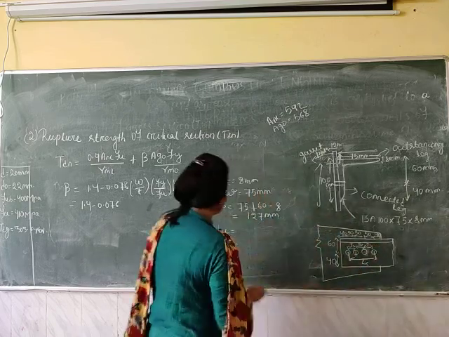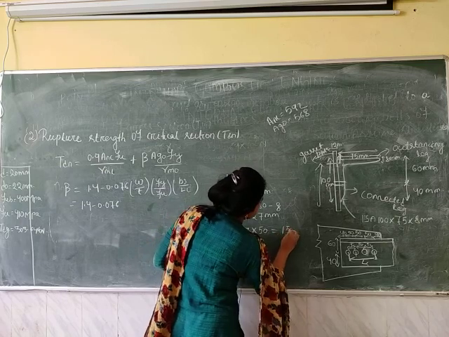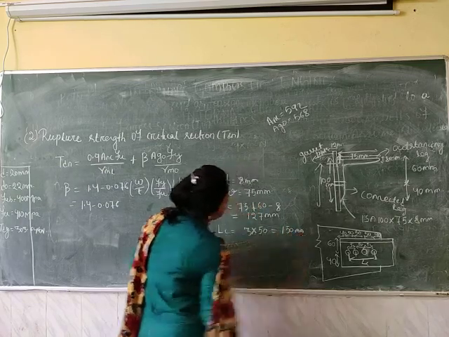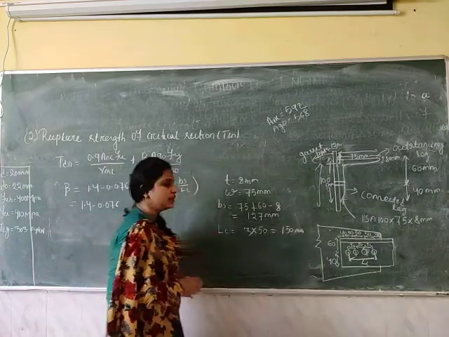So the length of the connection will be 3 into 50, that is 150 mm. Okay, sorry, so this length of connection will be 150 mm.